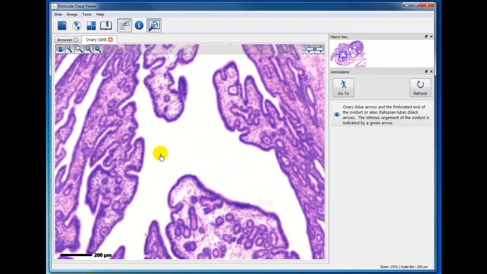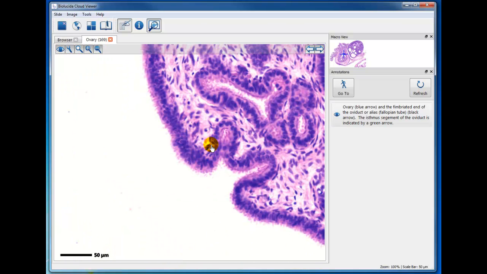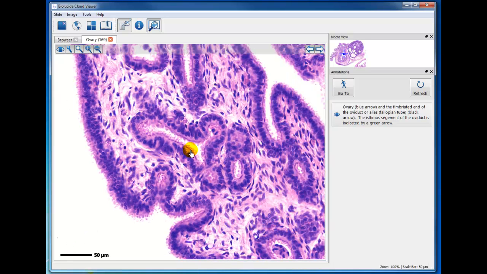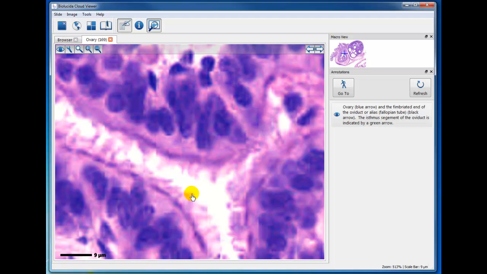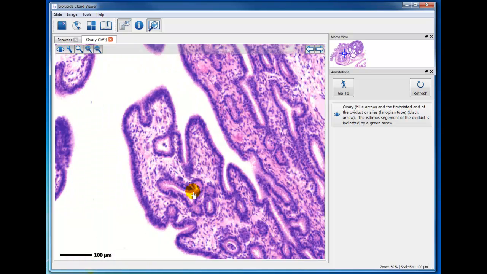Next to the ovary you have the fimbriated end, and all of this is just folds of the mucosa with underlying connective tissue. And here you can see the ciliated cells. They're not very clear at this magnification, but you see these projections, and those are cilia.